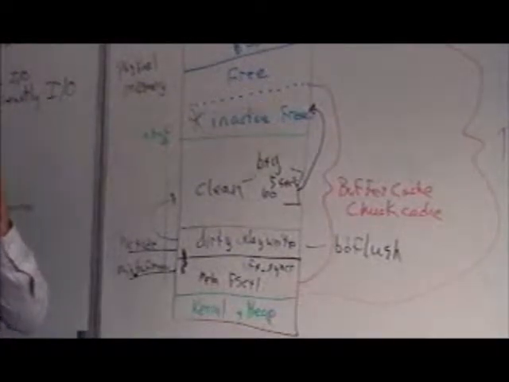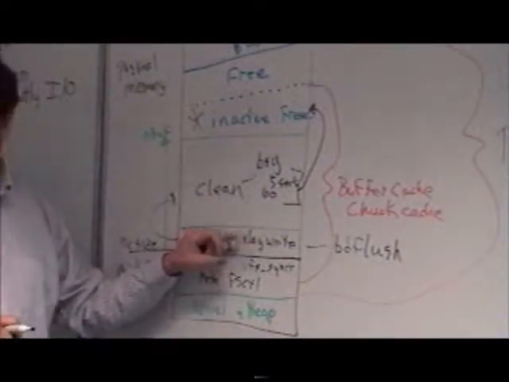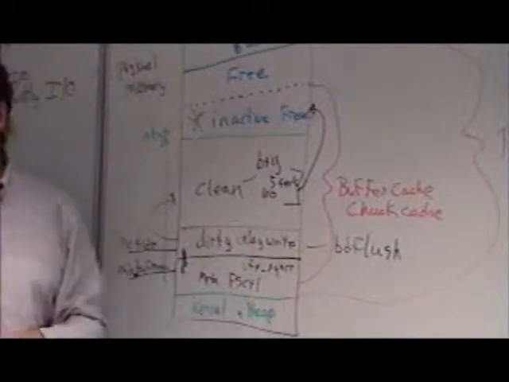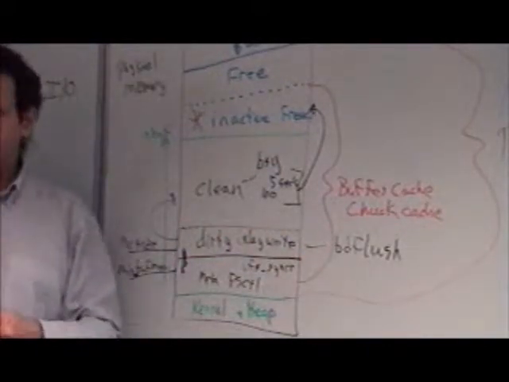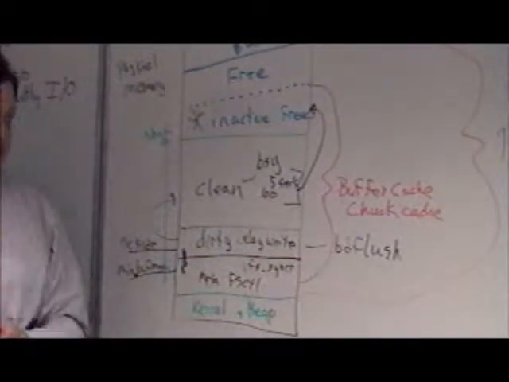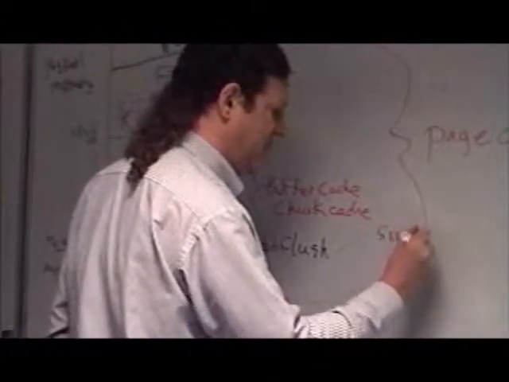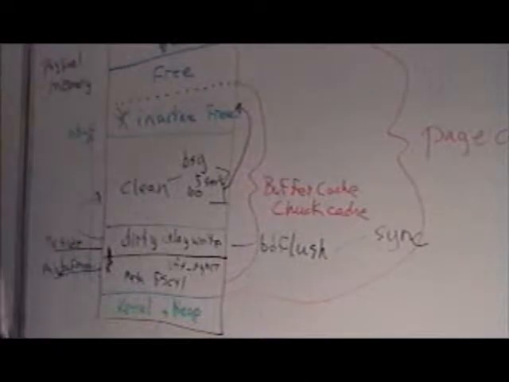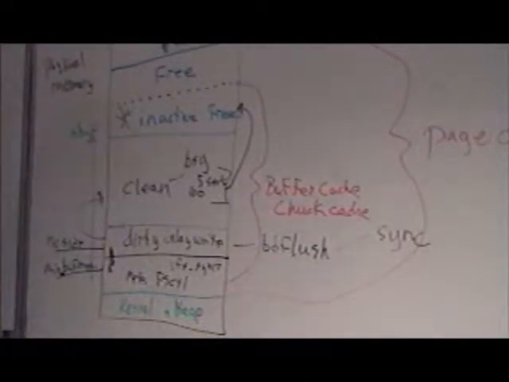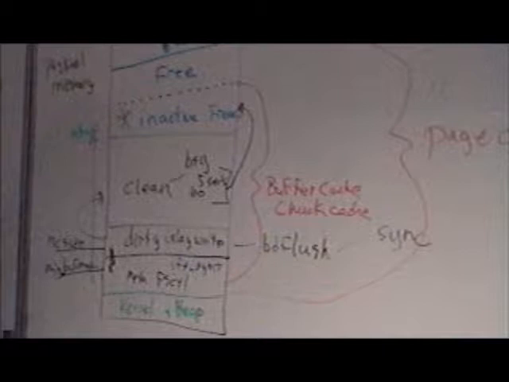So with BD flush controlling the dirty piece, starting off this whole process, it has parameters to control when do I flush this stuff to disk. And BD flush at the command line level is called sync. And some of us used to remember the days we do a sync during our shutdown to make sure that everything in cache had a chance to flush to disk. The trouble with sync is it's asynchronous. You get your prompt back before the sync is done.